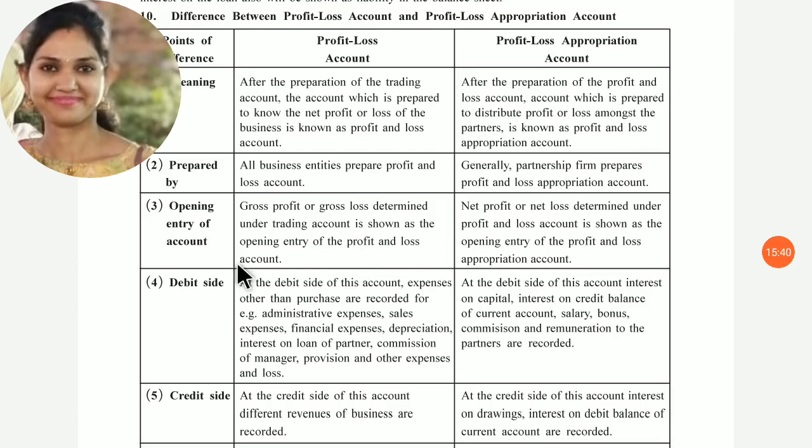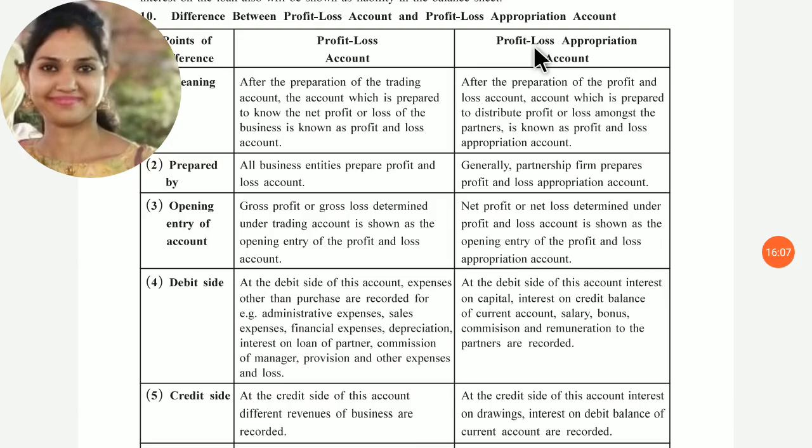Remember the profit and loss account of the 11th standard. In that, very first we were writing gross profit or gross loss. So the opening entry for the P&L account is gross profit or gross loss, but the P&L appropriation account is prepared after preparing the P&L account.